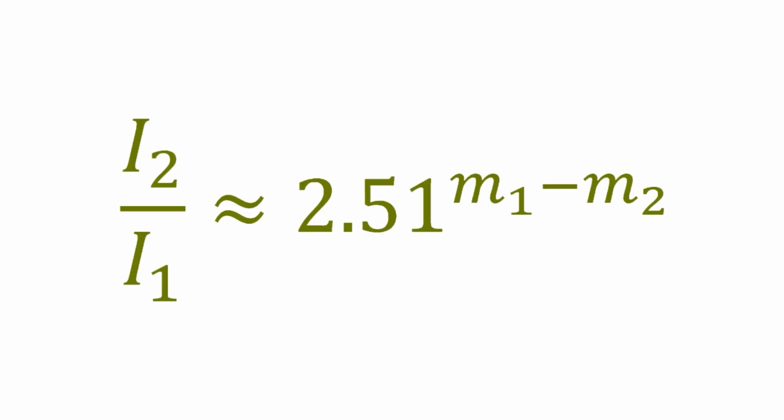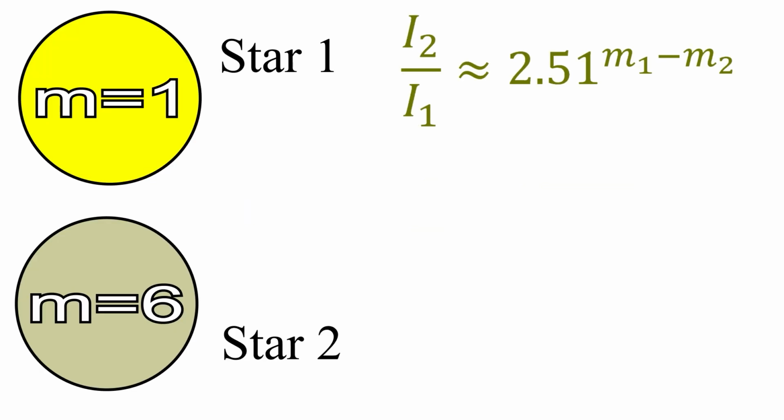Well, so what? This means, in effect, that if we want to know the ratio of the intensity of two stars, I2 over I1, then, roughly speaking, it's going to be 2.51 to the difference in the apparent magnitudes of those two stars. In this example then, I2 over I1 is going to be approximately equal to the magic number, 2.51, to the power of M1 minus M2.